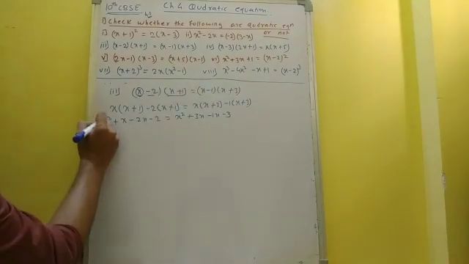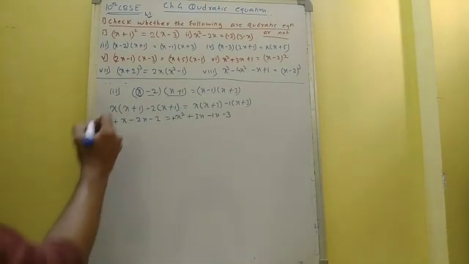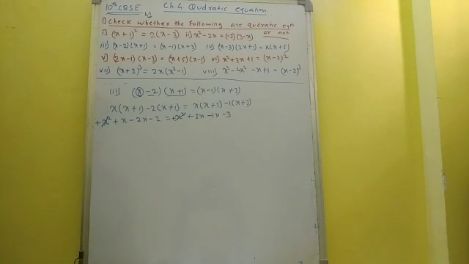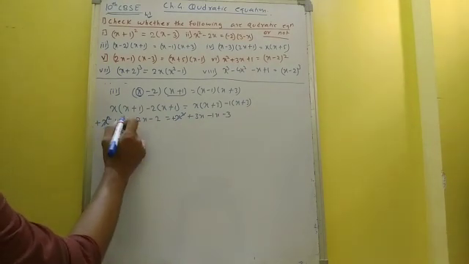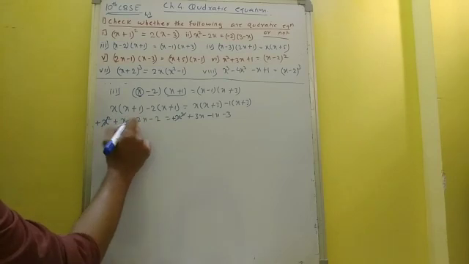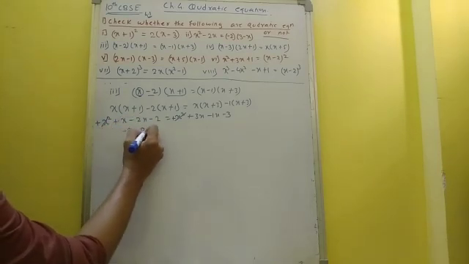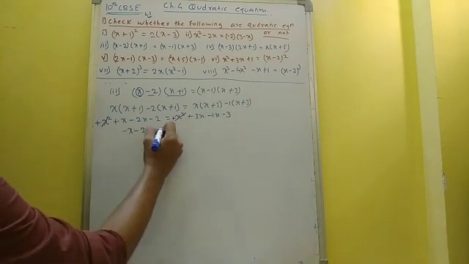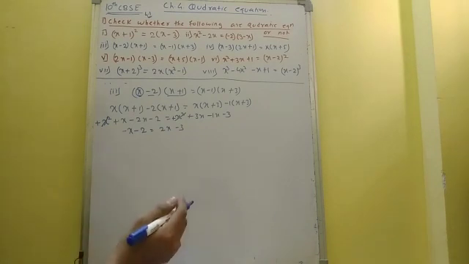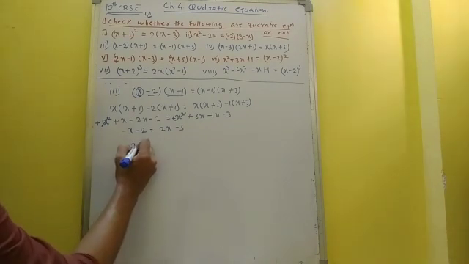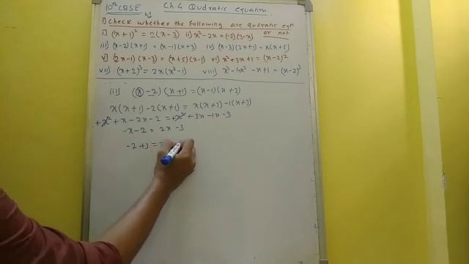So we have plus x square on the LHS and plus x square on the RHS, so x square will get cancelled. We have x minus 2x, so it is 1 minus 2, which is minus x, minus 2. 3x minus 1x is 2x, minus 3. We will take the x terms this side and numbers this side. So we have minus 2 plus 3 is equal to 2x plus x.